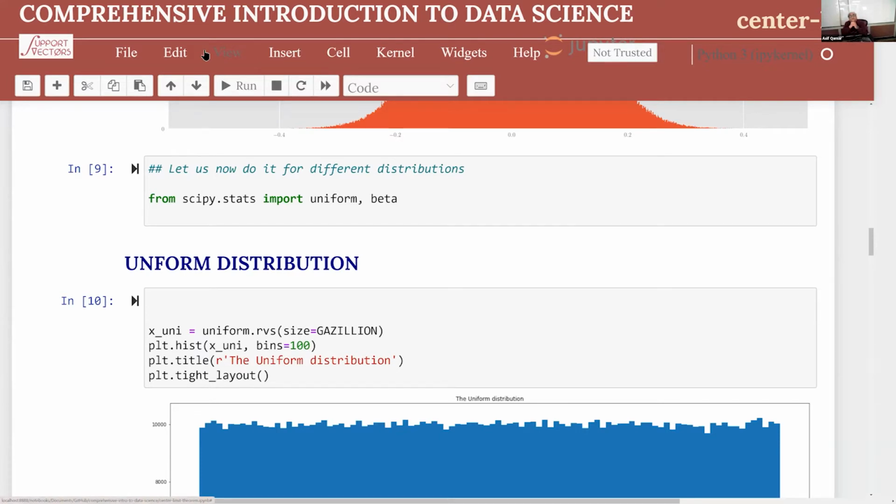It's one of those magical functions, truly magic. It's one of those unicorn-like creatures in data science, the beta distribution. We'll come to that, but before that, let's take the uniform, the most boring distribution. What is the probability of something versus something else? They are both the same.